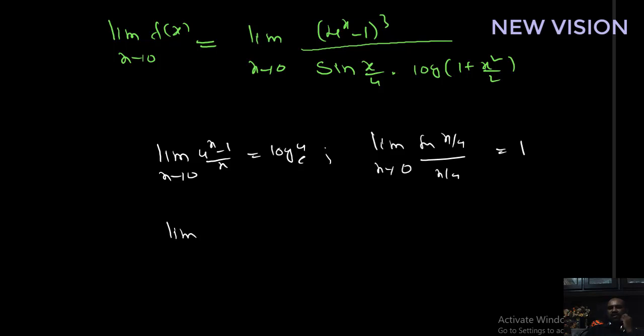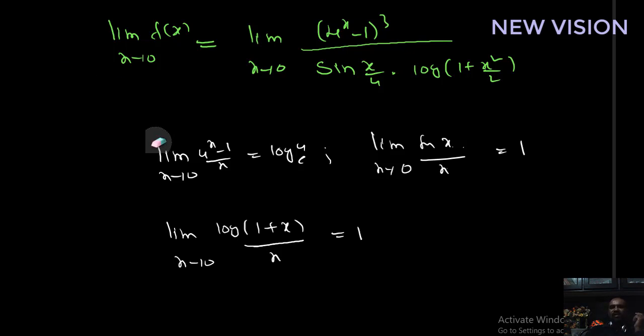And the limiting value of logarithm of 1 plus x square by 2 by x square by 2 as x tends to 0 is 1. Just like log of 1 plus x by x as x tends to 0 is 1. This way you rearrange the function.